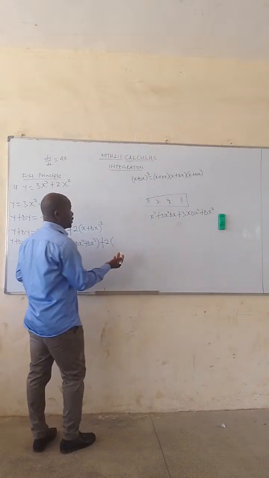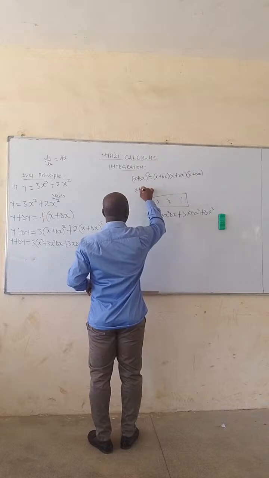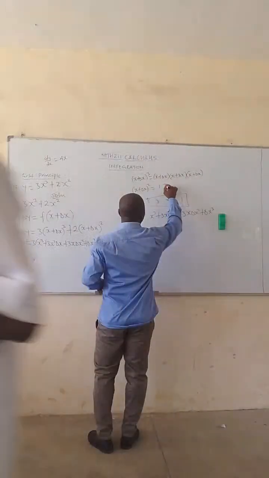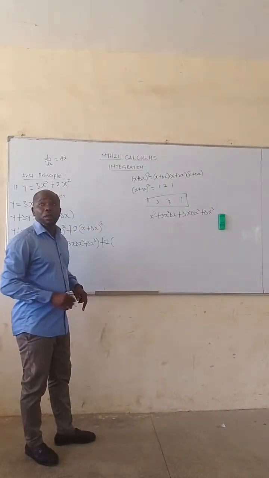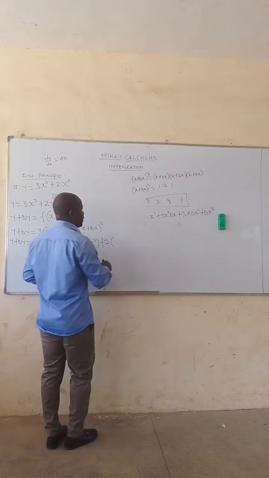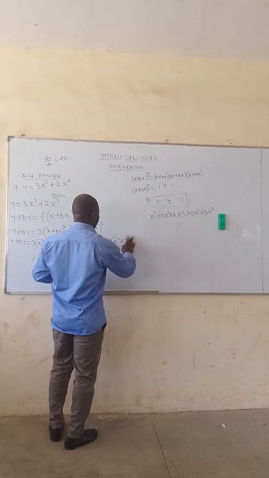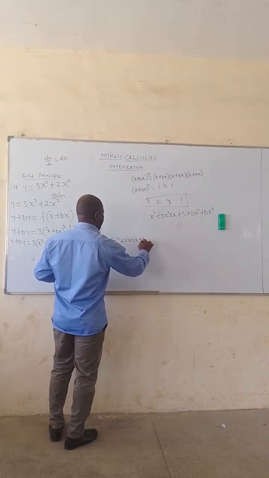It's the same thing. We just need 1, 2, 1. So here we are going to have x squared plus 2x dx plus dx squared.